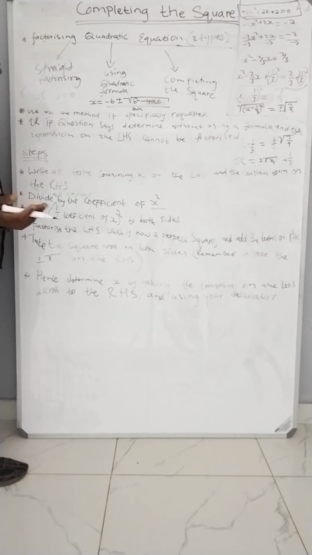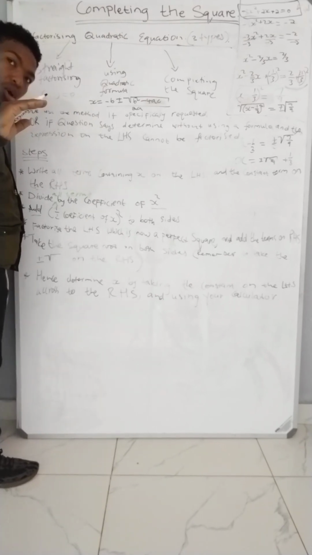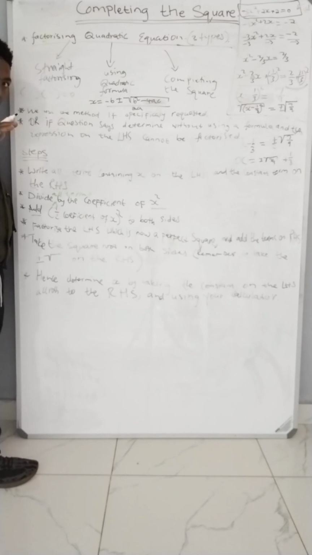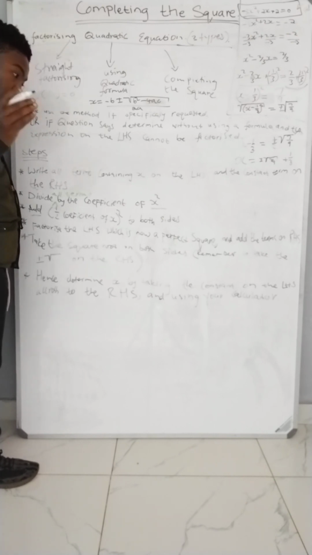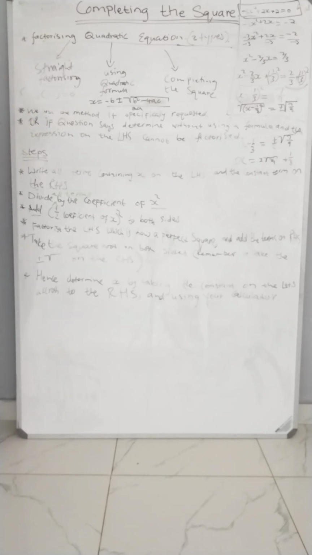Let me give you an example: if the coefficient of x is 8, we are going to take half of 8, which is going to be 4, and then we're going to take 4 squared. Half of 8, and then we square that 4. 4 times 4, 16, I'm not sure. You will do it on your calculator.